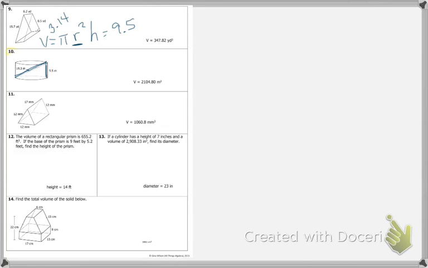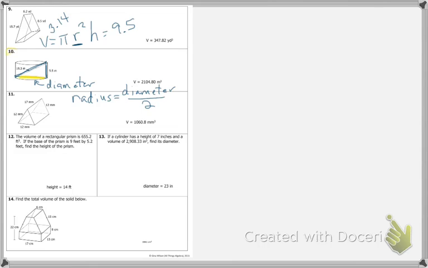Guess what? The line that's drawn straight across is your diameter, and your radius is your diameter divided by 2.